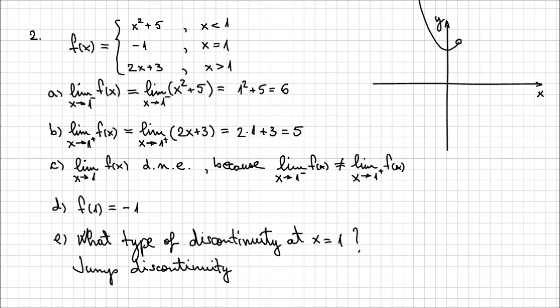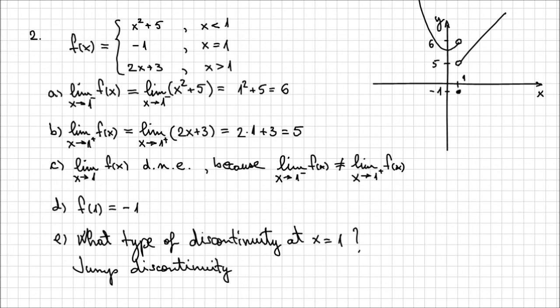The first branch, when x is less than 1, is a parabola because it's a quadratic function, and then when x is 1, the function gets a value of minus 1, this filled point below the x-axis, and then when the values of x exceed 1, we have a linear function 2x plus 3, right?